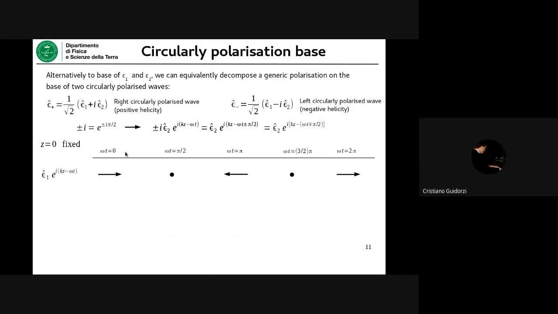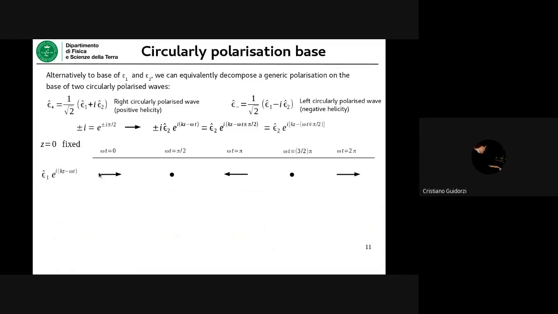So you see, I just showed the four different quadrature phases, and then of course the end is the same as the beginning. So when omega t is 0, 90 degrees, 180 degrees, 270 degrees, or just 360 degrees. So you see, epsilon 1 is the unity vector of the x-axis.